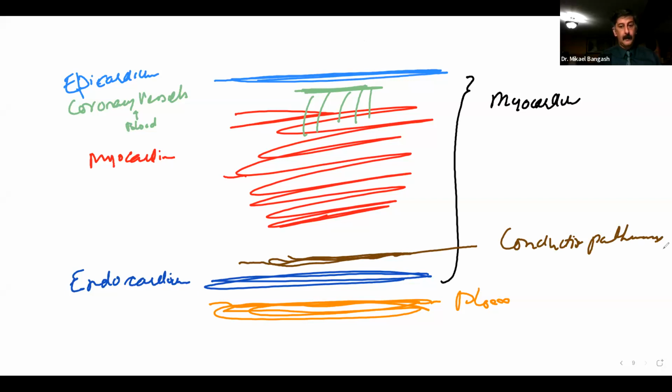This conduction system is myocardium, but a specialized form of myocardium, the myocardium that carries the electrical signals throughout the heart.